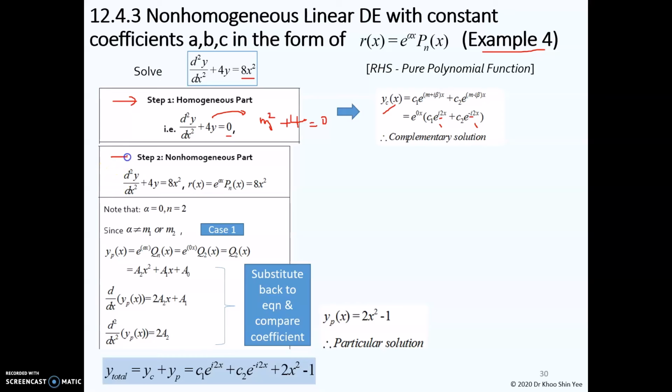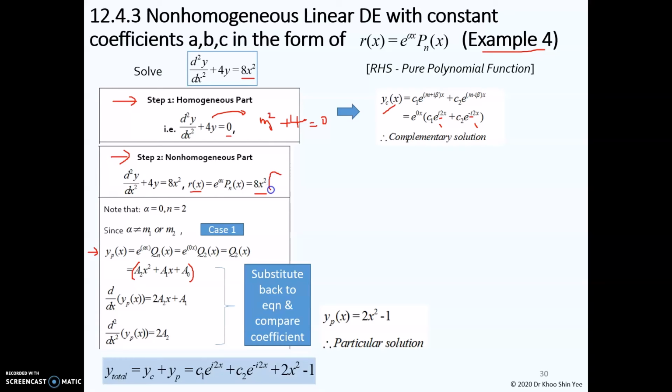We continue with the non-homogeneous part by referring to the right hand side, which is equal to 8x squared here. So the polynomial function here has degree 2. Therefore, we can propose the particular solution to be a2x squared plus a1x plus a0, which is the general formula for a polynomial with degree 2.